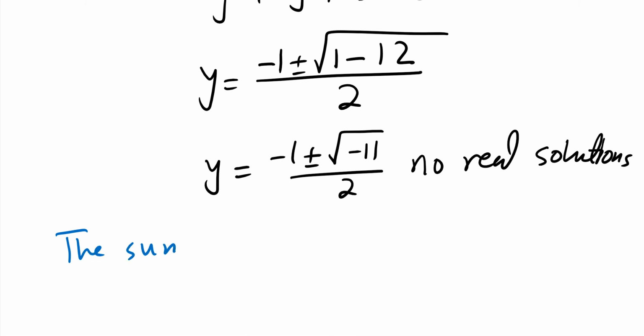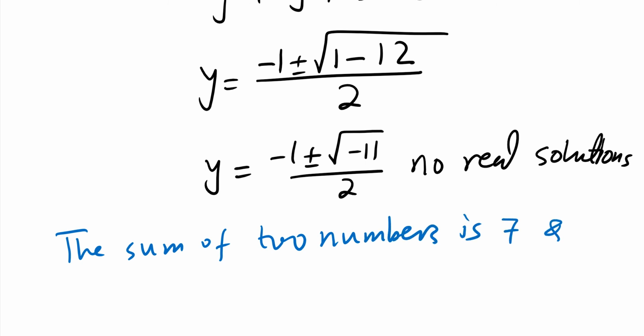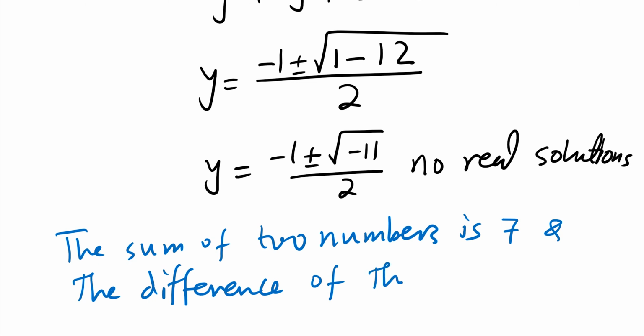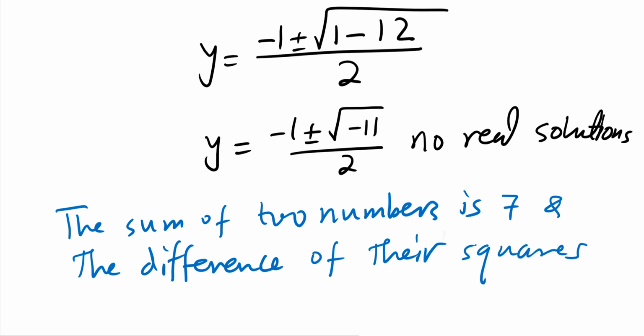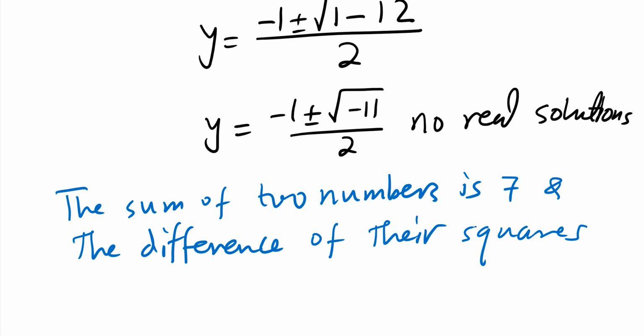The sum of two numbers is 7 and the difference of their squares is 21.